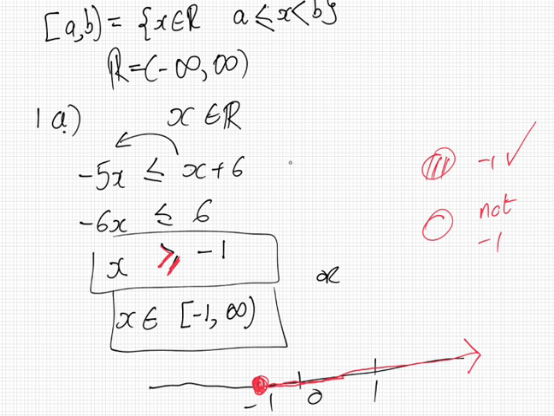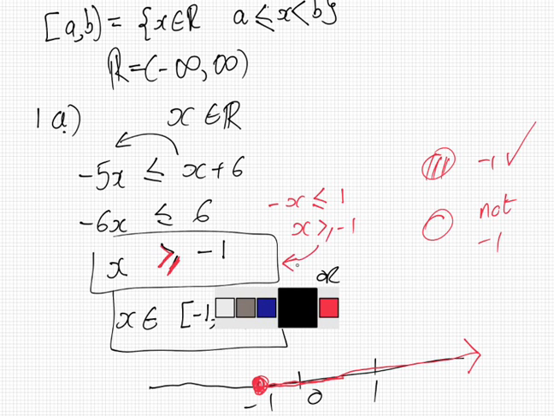Is it okay if we put minus x bigger than...? Well, you could have minus x is smaller than 1. But then you have to multiply both sides by minus 1 because you don't want minus x, you want x. As soon as you do that, you get the same thing.